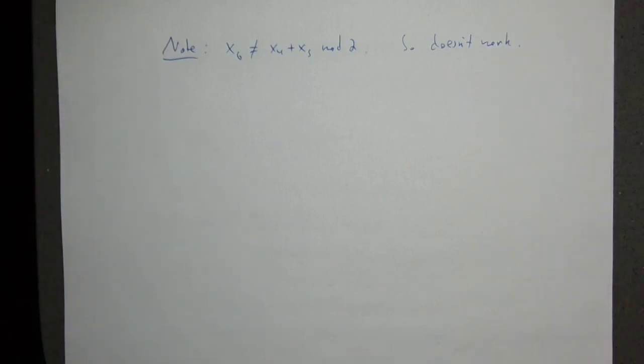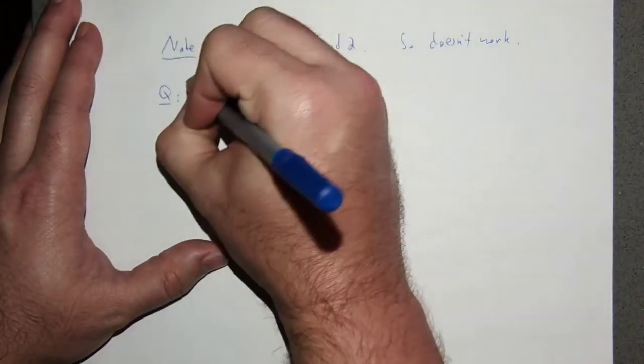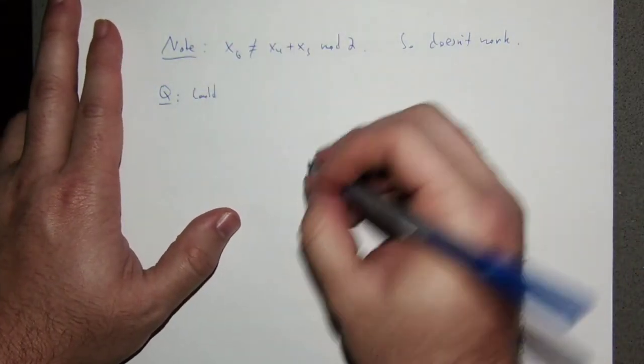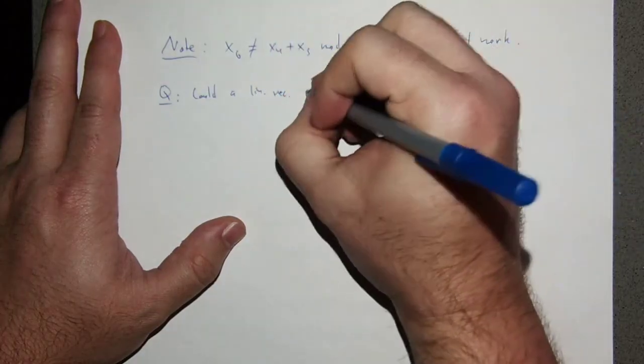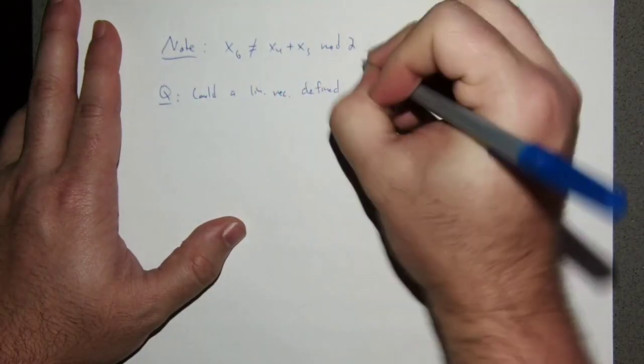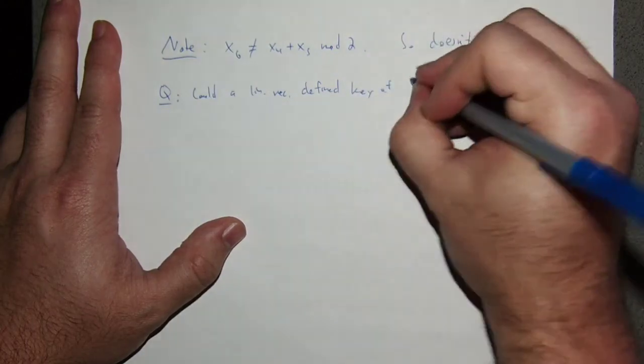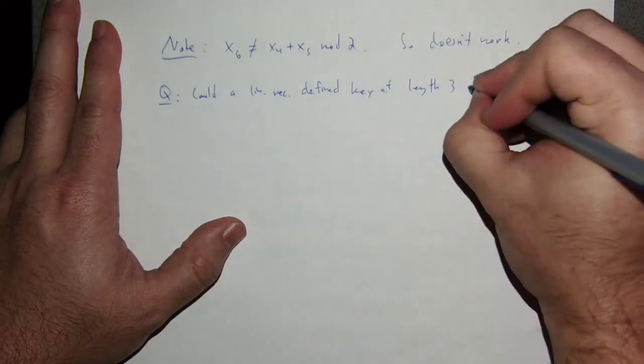Now, this is called brute force for a reason, right? So now what do I do? I ask myself, could a linearly recursively defined key of length 3 work?